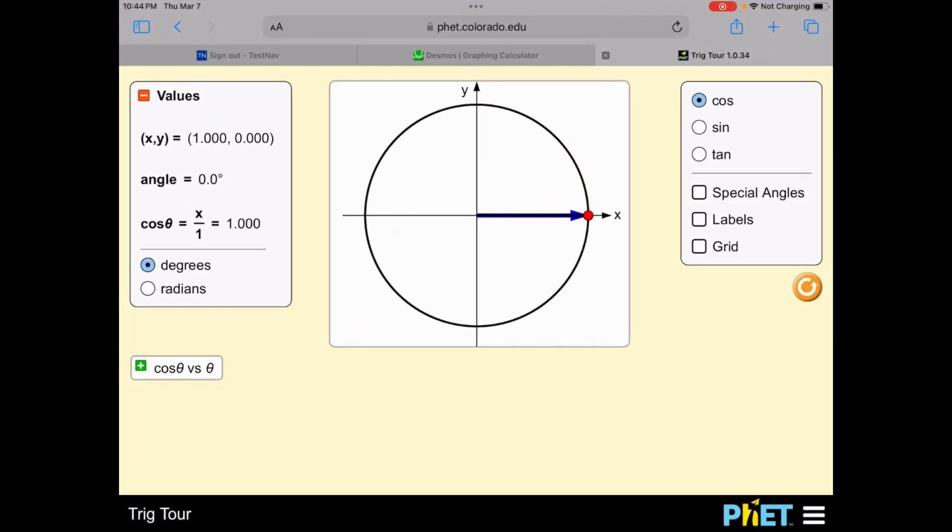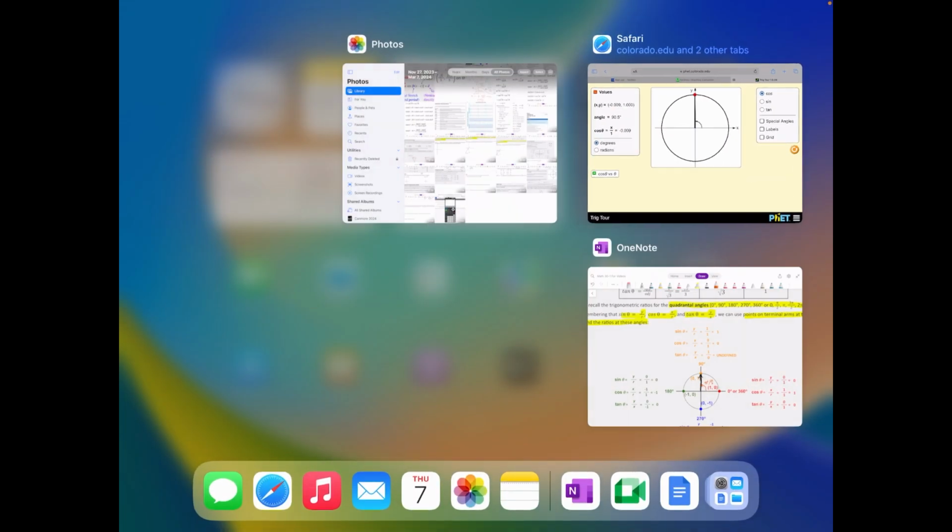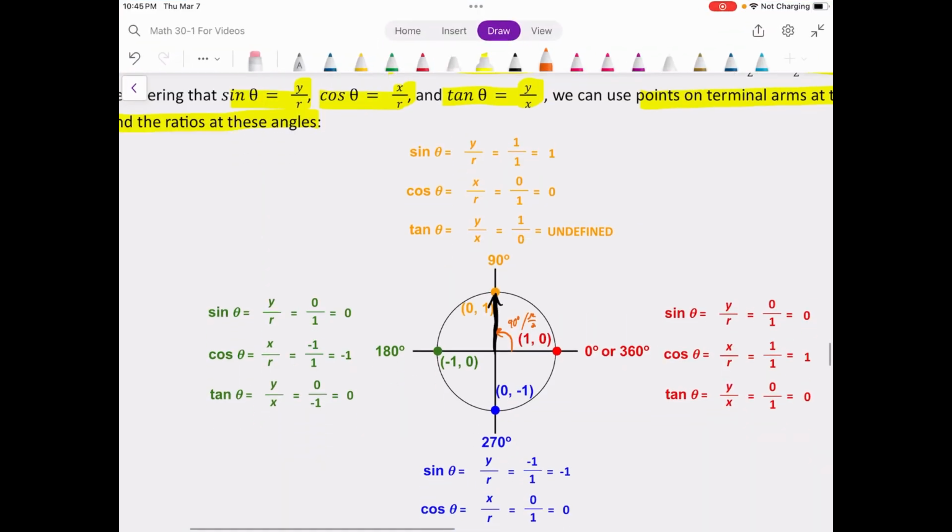X shrinks to become 0 as I go from 0 to 90, while y grows from 0 into being the same size as r. Reversing it, x grows to become the same size as r, y shrinks to become 0. Y grows to become the same size as r, x shrinks to become 0. Cool, right? Just thinking about those relationships can make this stuff a lot easier to pull out of your back pocket when you need it.